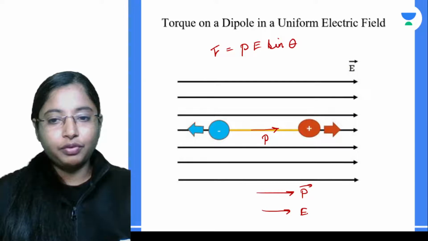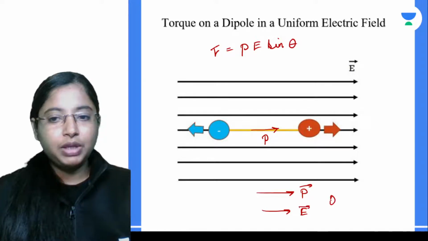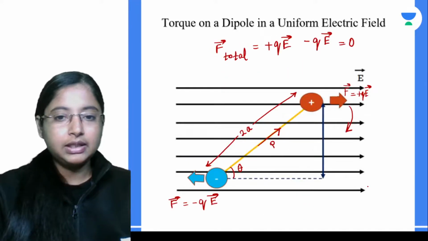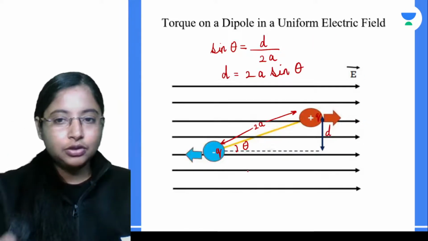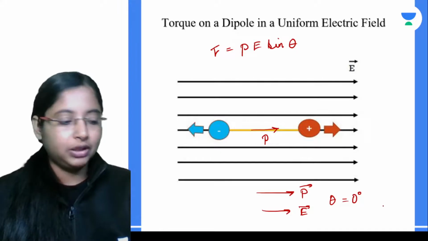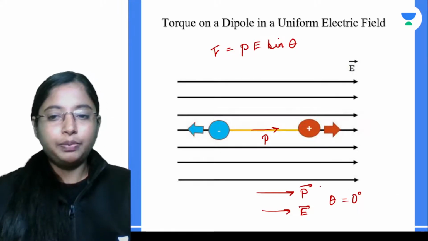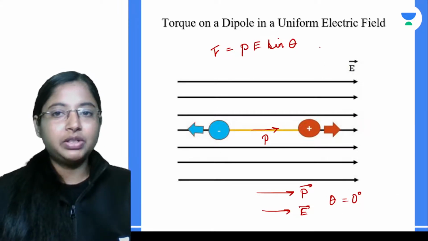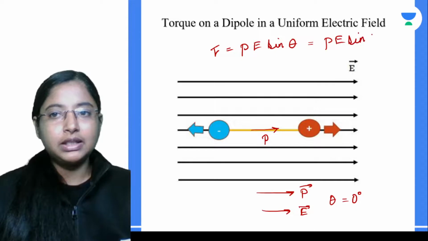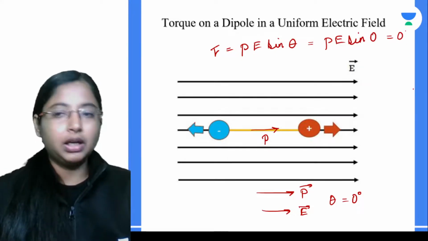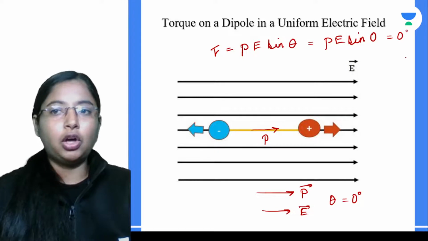They are both parallel, which means the angle between them is 0 degrees. Earlier this angle was more; as it turns, the angle reduces and finally we get 0 degrees. So what is sine 0? Sine 0 is 0, so we get the torque to be 0.